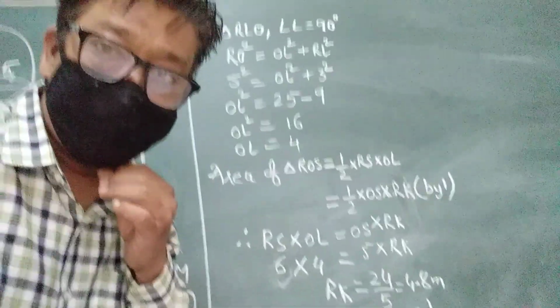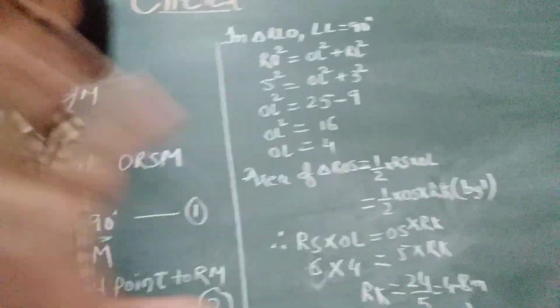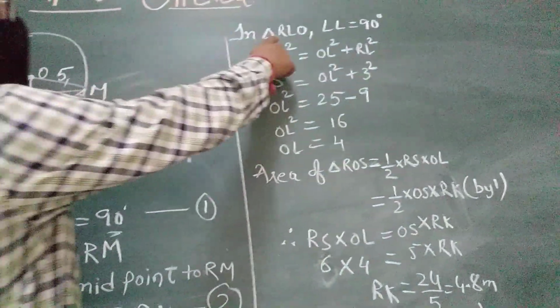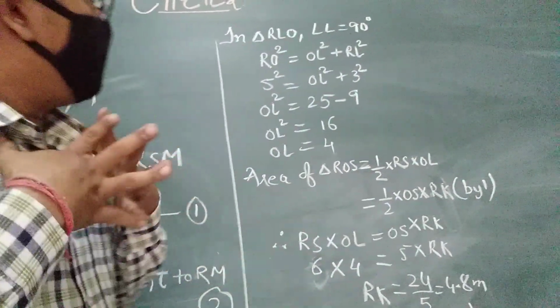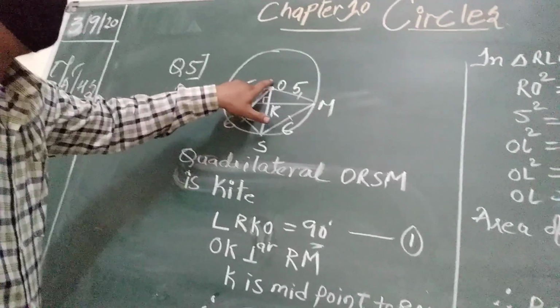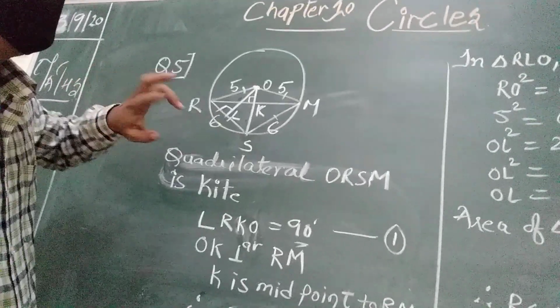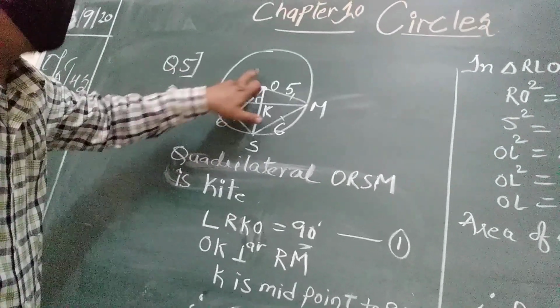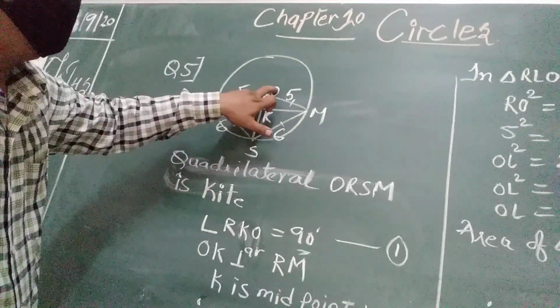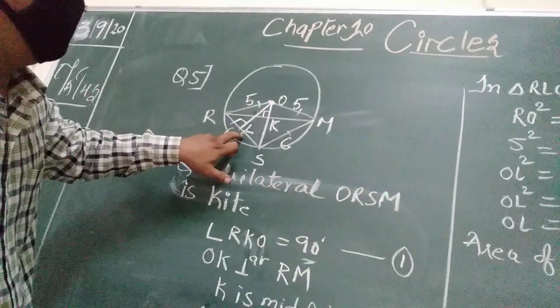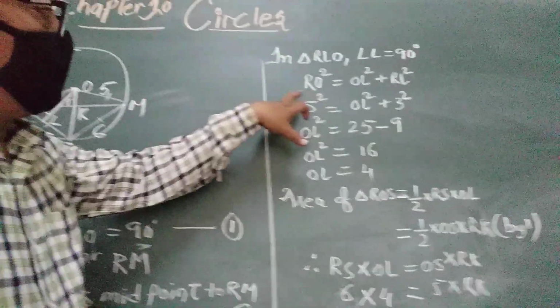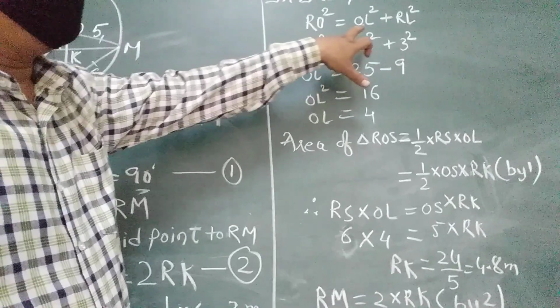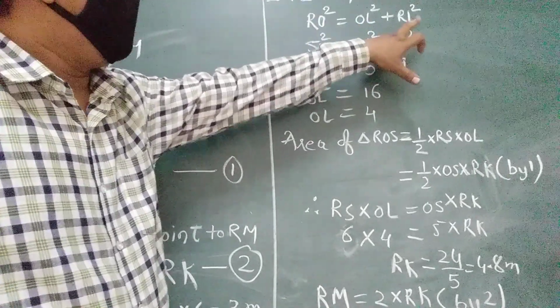Now, in triangle ROL, L is equal to 90 degree. Hence we can apply the Pythagoras theorem. According to Pythagoras theorem, RO is the hypotenuse. Hence, we can say that RO square is equal to OL square plus RL square.